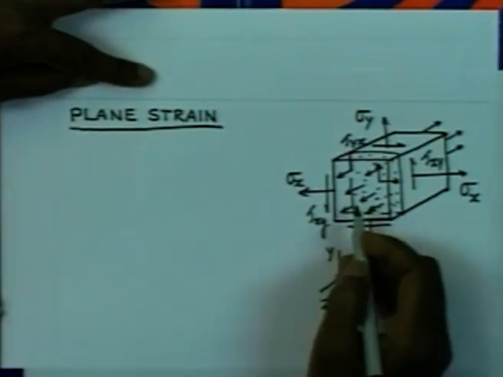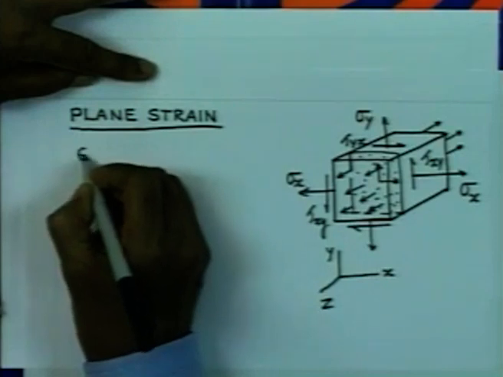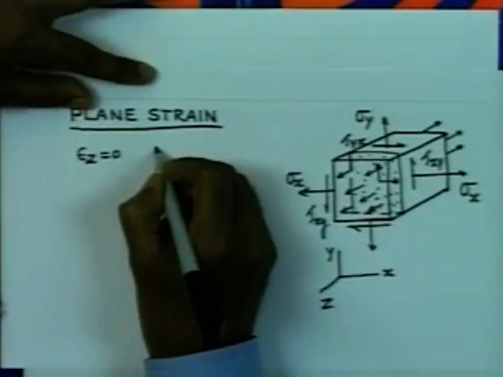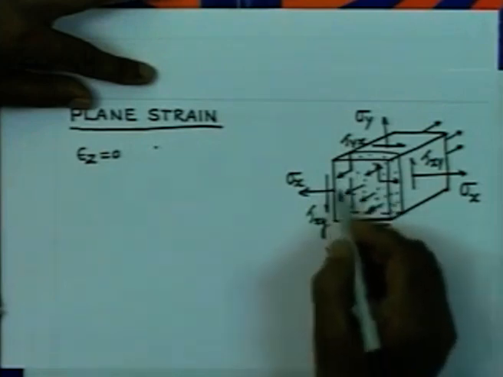Now, in this case you can obviously see that we have epsilon z equal to 0 and no shear stress acting on the face.